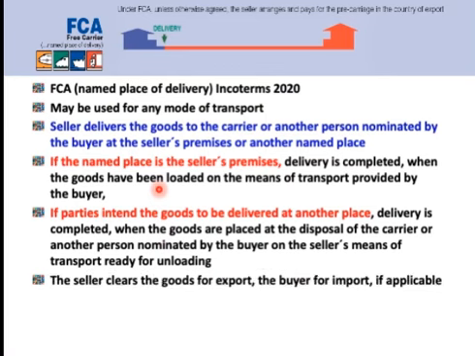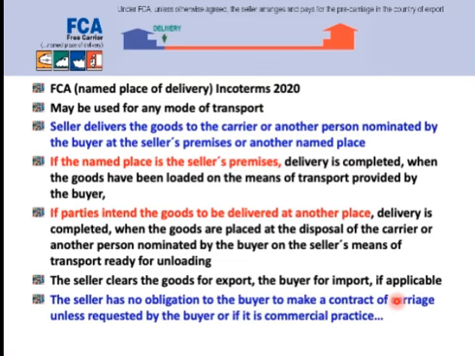The seller clears the goods for export, the buyer for import, if applicable. Clearing the goods for export means the export customs clearance. Okay? The seller will do it, and the buyer will do the import customs clearance. The seller has no obligation to the buyer to make the contract of carriage unless requested by the buyer, or if it is commercial practice.